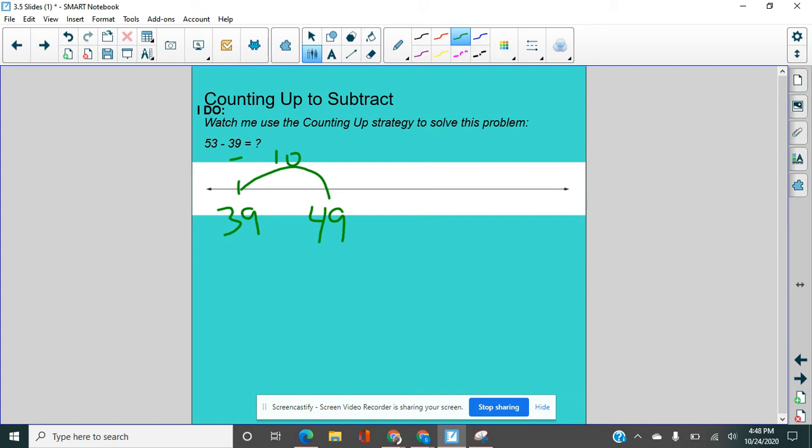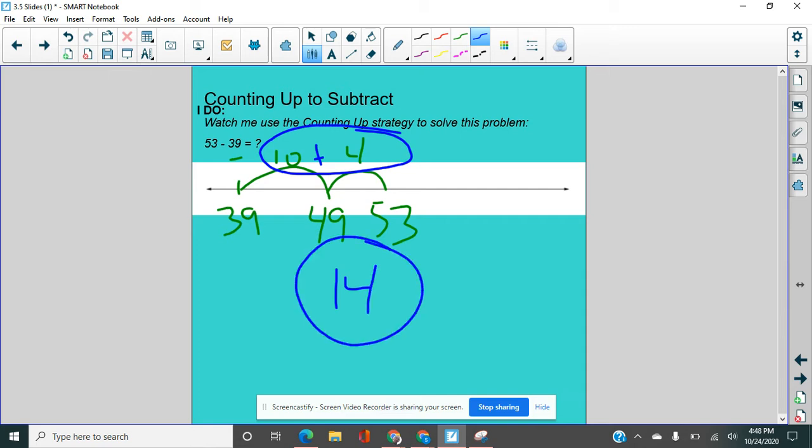So I'm going to think, okay, so 49, now I'm going to count up to 53. 50, 51, 52, 53. That was four more to get up to 53. So where do I get my answer from? We'll look on the top. 10 plus 4. So my answer here is 14.